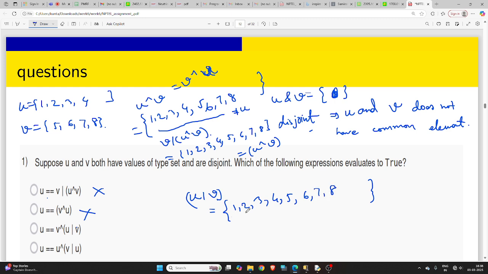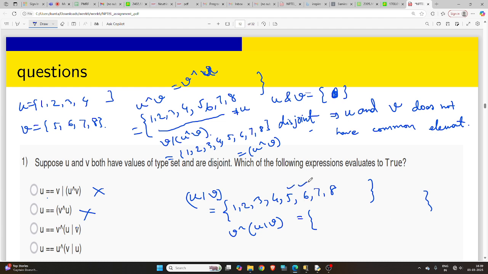Okay, these are the U union V. Now V to the power U union V means, as we already told, all the elements of V as well as these which are not common in both the sets. So how many common factors are there?